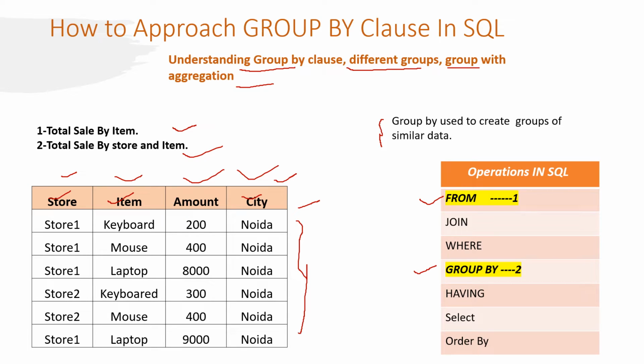The available values are Noida and again Noida, Noida, Noida, and so on. So if we create a group on the city, we will get one group with the value Noida, because all the values are similar and we can create a group on that.